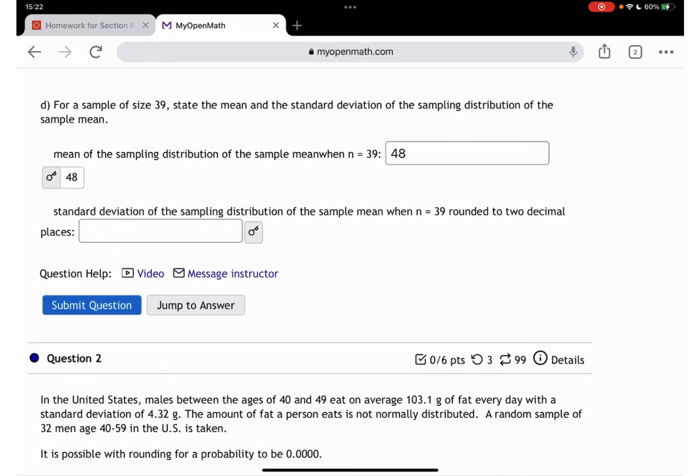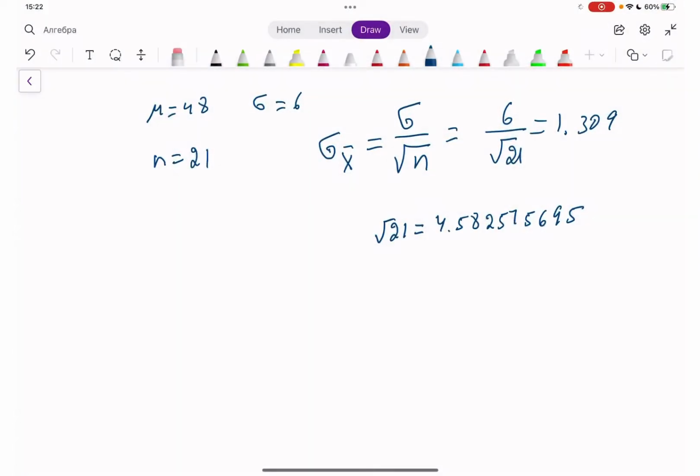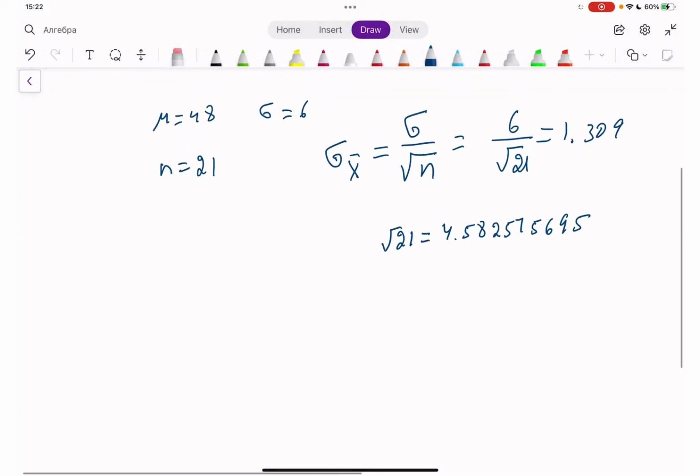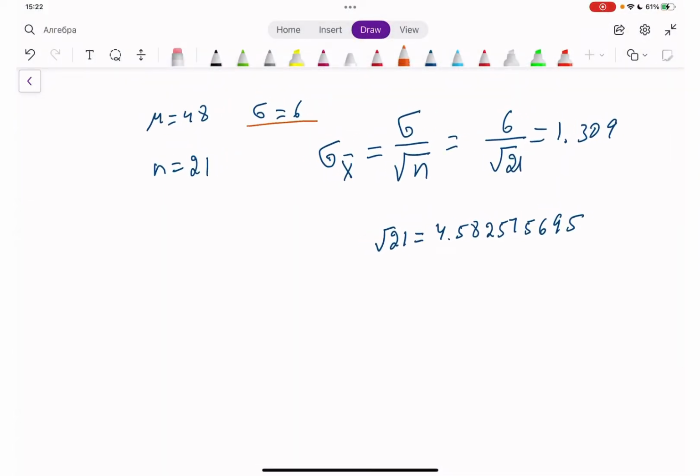Now the standard deviation is going to be a different story. Our standard deviation is 6, given in our original problem, but the sample size is 39, which means here we place 39.